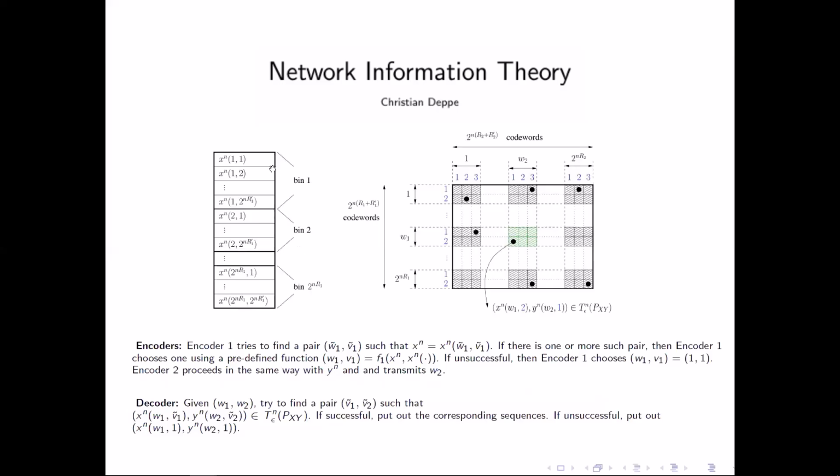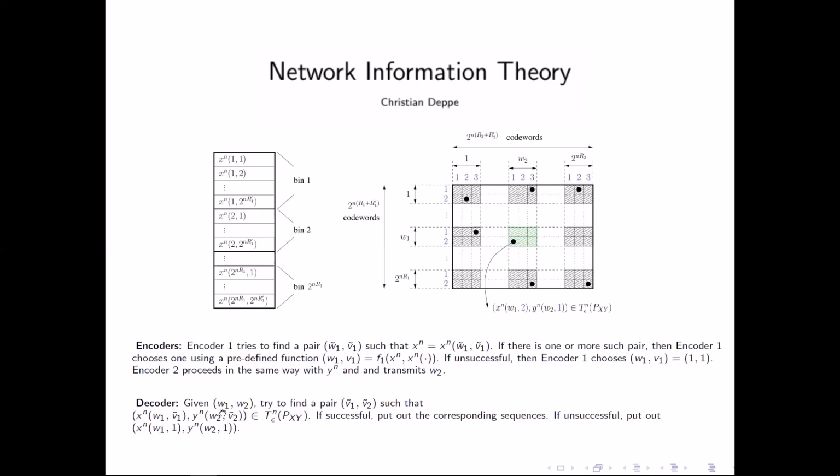Perhaps this function just chooses the first one. And if unsuccessful, then encoder 1 just chooses w1, v1 equal to 1, 1. The same is done by encoder 2 to treat y^n, which is also emitted by the source, and to transmit w2. So encoder 1 chooses w1 tilde, v1 tilde and transmits w1 tilde, and the same is done by encoder 2, who then transmits w2.